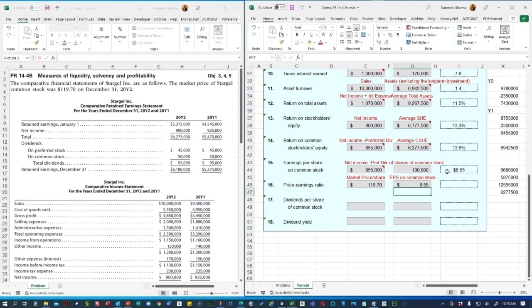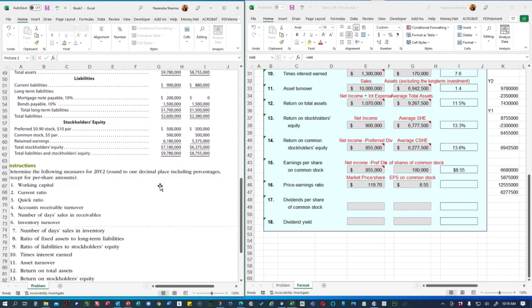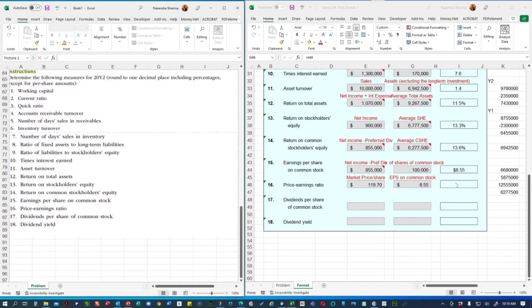So remember, if you calculate that figure wrong, we are going to get this also wrong. So make sure that you do it correctly. Okay, so now if we calculate the ratio, the ratio is 14. So basically price earning ratio is 14.